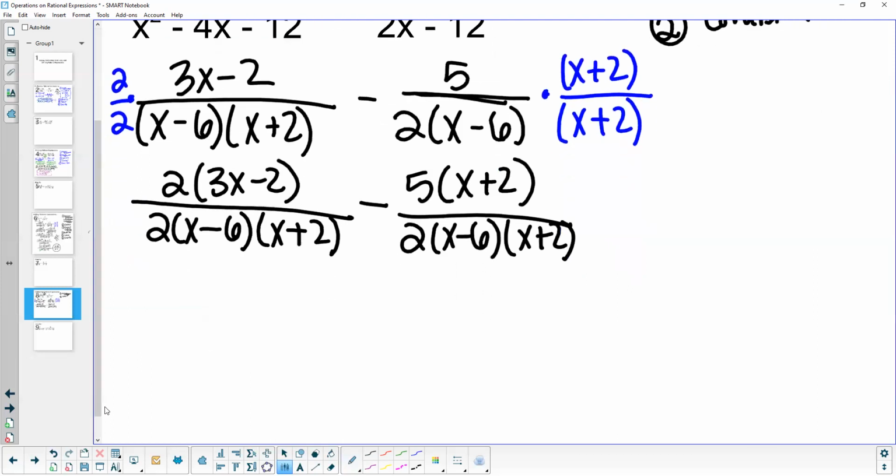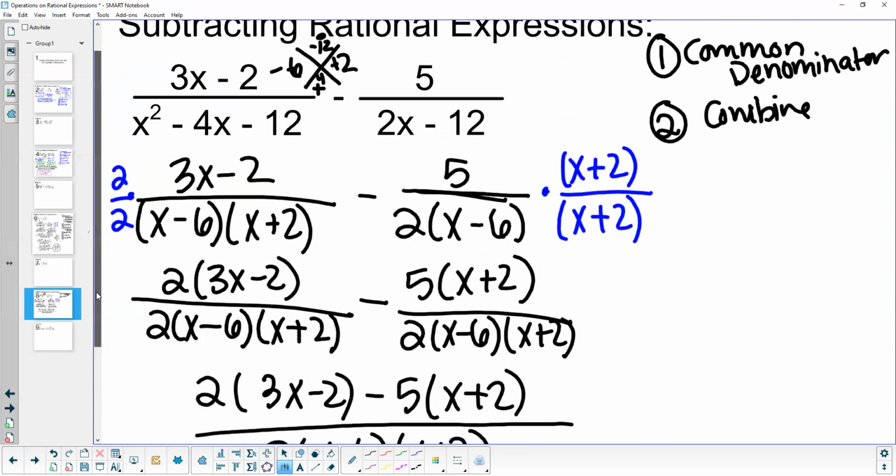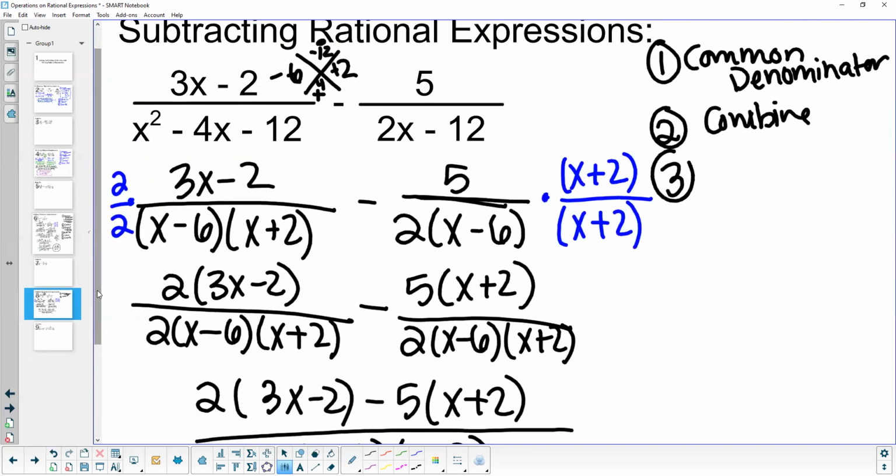And again, all that step means is that we're going to write the whole top row together. So 2 times 3x minus 2 minus 5 times x plus 2 all over 2 times x minus 6 times x plus 2. Now, after we combine them, we are going to multiply and simplify.